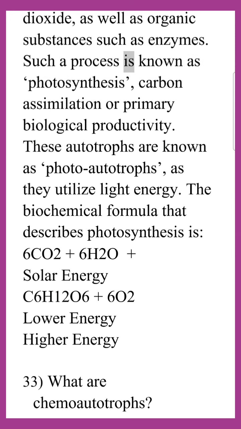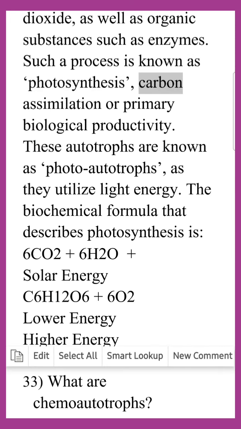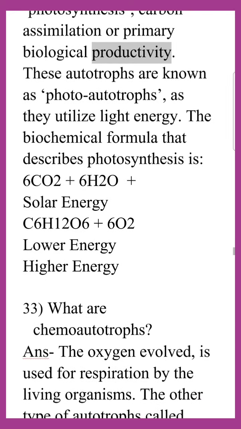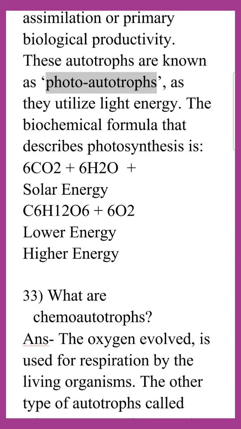Such a process is known as photosynthesis, carbon assimilation, or primary biological productivity. These autotrophs are known as photoautotrophs, as they utilize light energy. The biochemical formula that describes photosynthesis is 6CO2 + 6H2O + solar energy → C6H12O6 + 6O2, lower energy to higher energy.